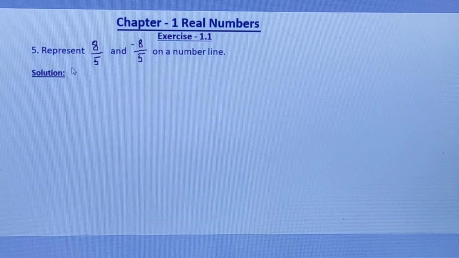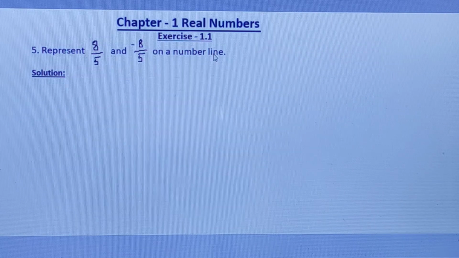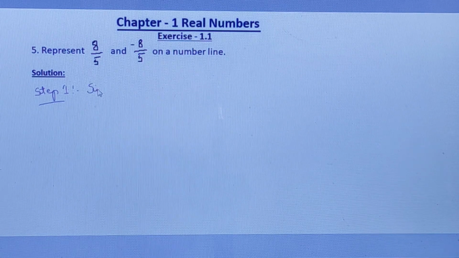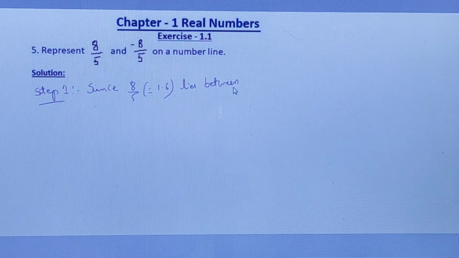Question 5. Represent 8 by 5 and minus 8 by 5 on a number line. Step 1. Since 8 by 5 is nothing but 1.6, it lies between 1 and 2.